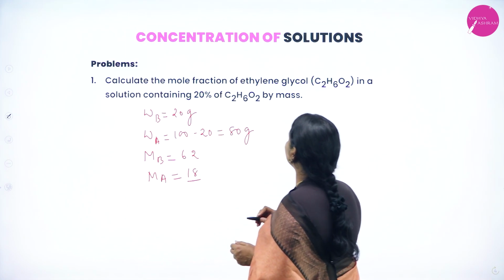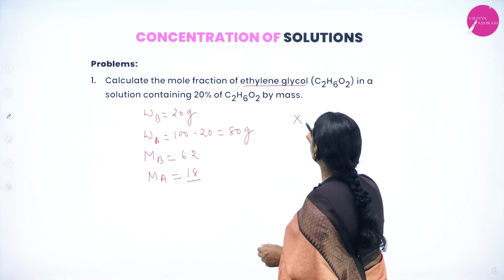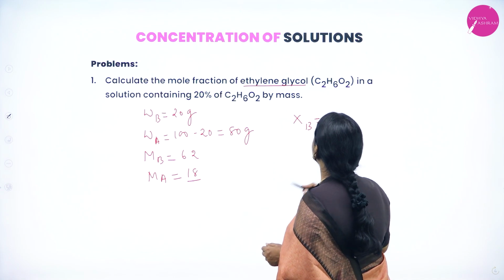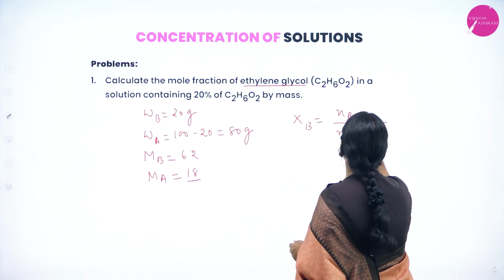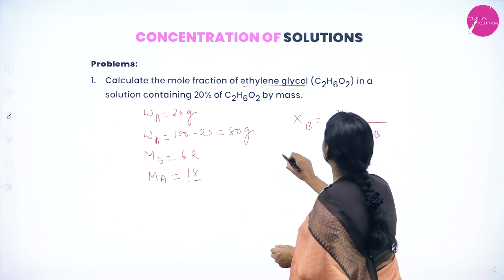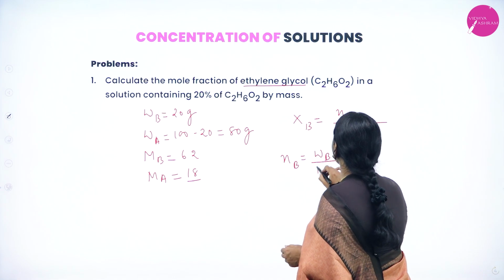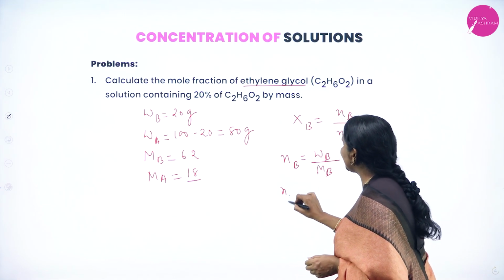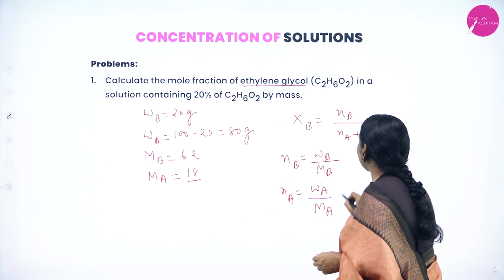Now you should calculate the mole fraction of ethylene glycol. That means we have to calculate XB is equal to NB divided by NA plus NB. What is NB? NB is equal to WB divided by MB. What is NA? WA divided by MA.